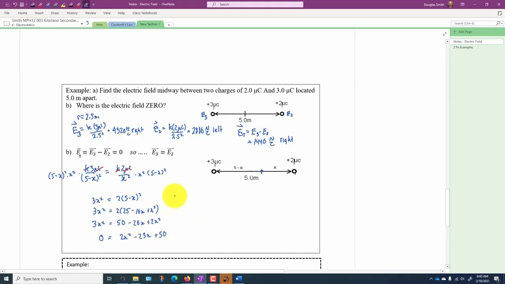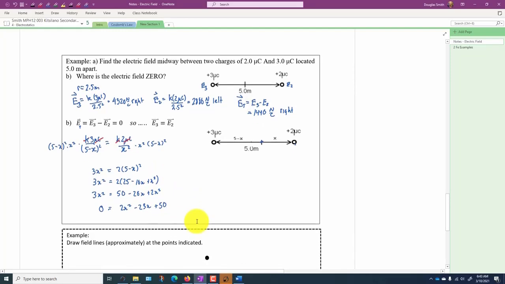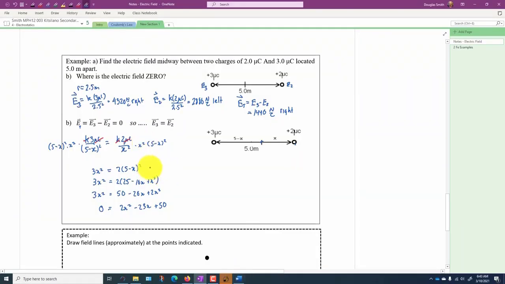So now we just have to solve that quadratic. Is that 100? So it's 100 and we've got 50 times 2. Oh, 20 times 4. I think we have to use the quadratic formula for this. Actually, I think there's an easier way to do this. I'm going to take the square root of both sides. So I get root 3 x equals root 2 times 5 minus x.